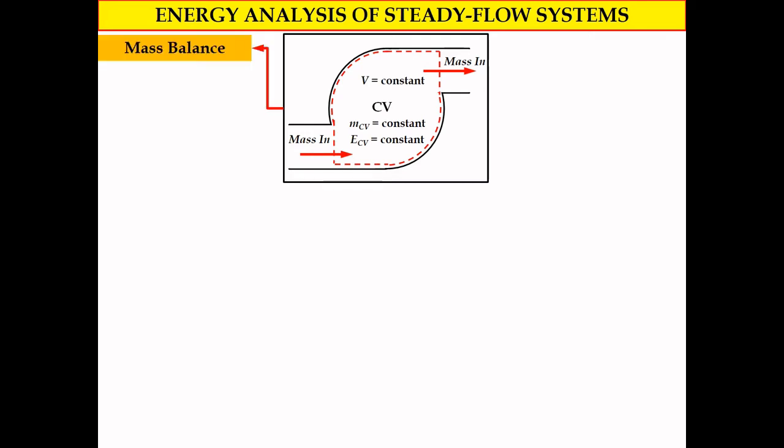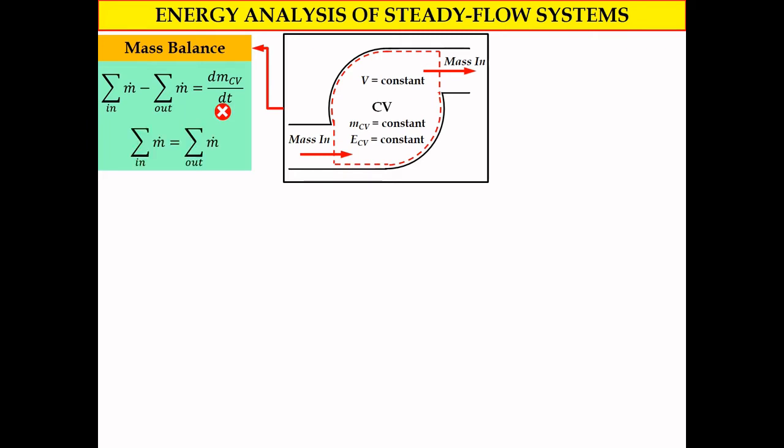For the energy analysis of the steady flow system, we have two important equations. First, the mass balance equation, where we have total m dot in minus total m dot out equal to dmcv over dt. For a steady flow system, dmcv over dt will be 0.